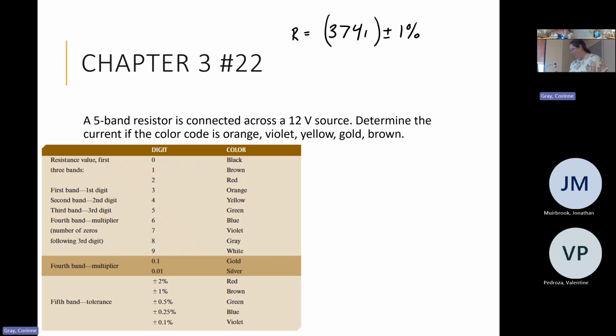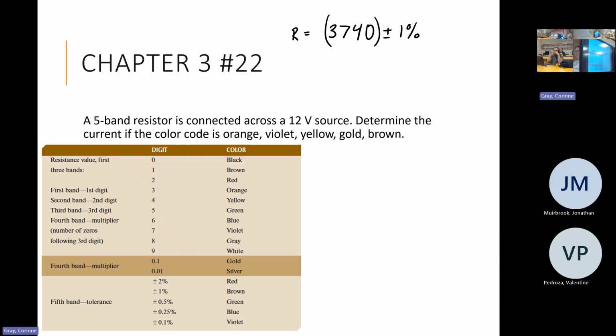We have 1. Right, I wrote something down wrong on my notes. So yeah, so this is multiplier, number of zeros following the 3rd digit. Our 3rd digit was a 4. If I go through and look at my color here, it's gold. Point. Let me double check something really quick.